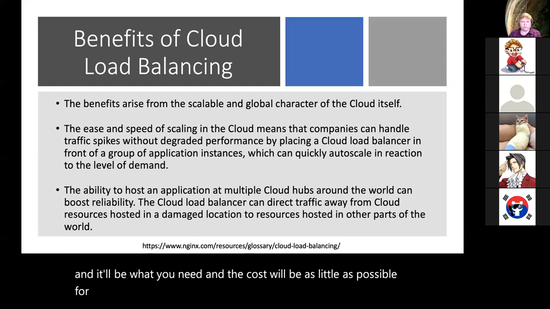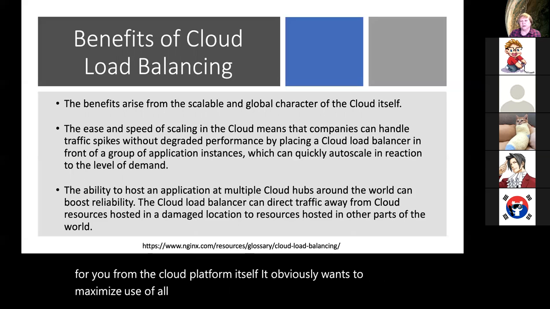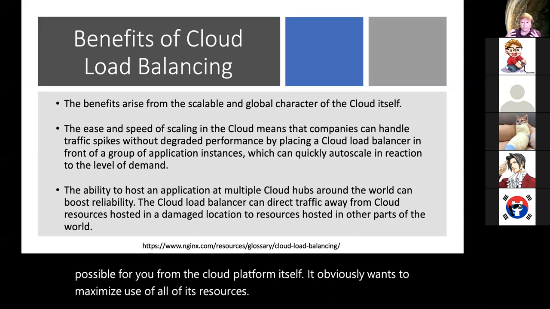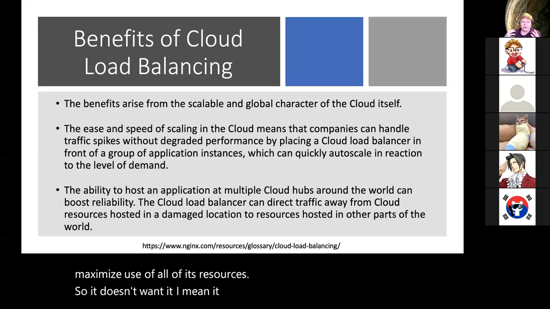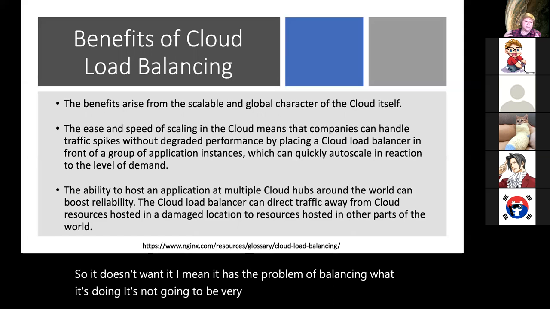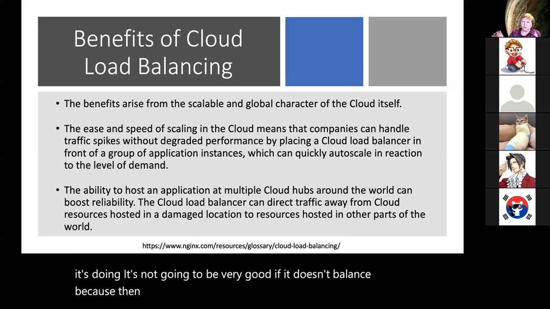From the cloud platform itself, it obviously wants to maximize the use of all of its resources. It has the problem of balancing what it's doing. It's not going to be very good if it doesn't balance, because then your task is going to slow down because of their problem with balancing. So the cloud wants to do it for a whole bunch of different reasons.